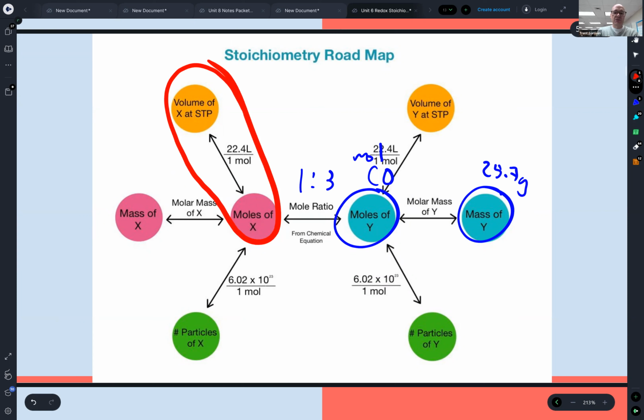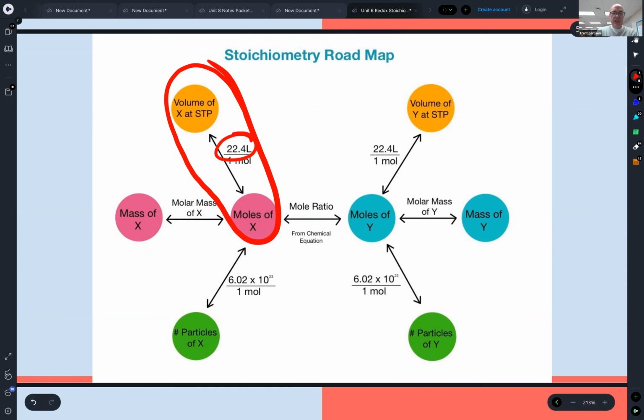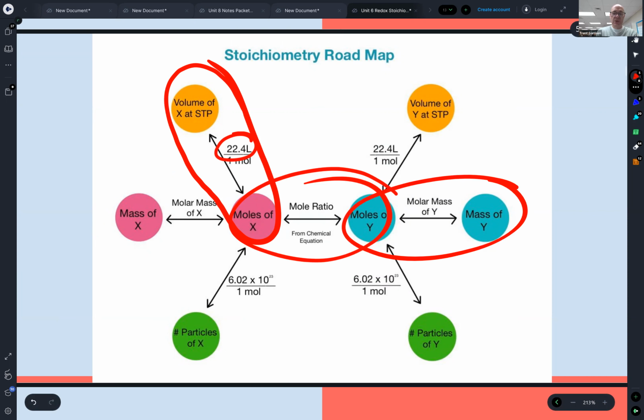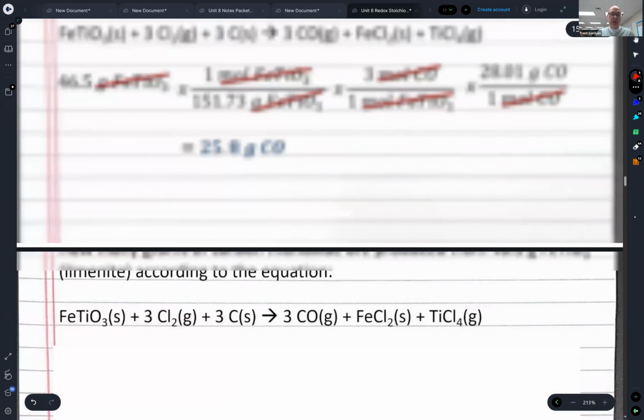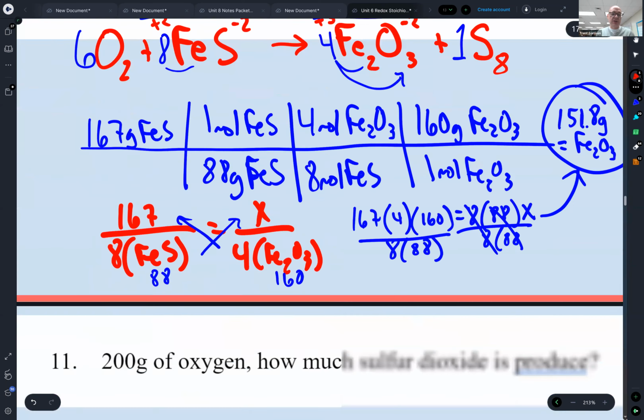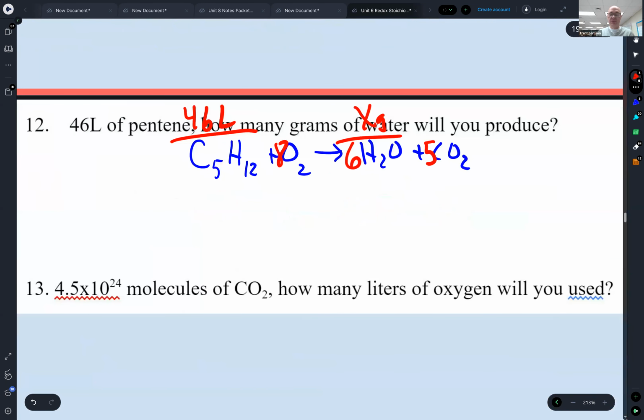I need to convert to moles first. And the way to do that is through 22.4. I'll then use the mole ratio and then I will convert it into grams. So I can still use this mole map. I don't have to exclusively always use weights. You can use Avogadro's number, you can use 22.4. And in this particular problem, we are going to be using 22.4 as our conversion.